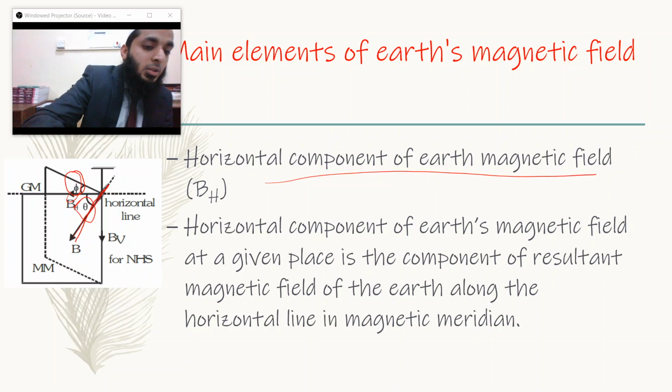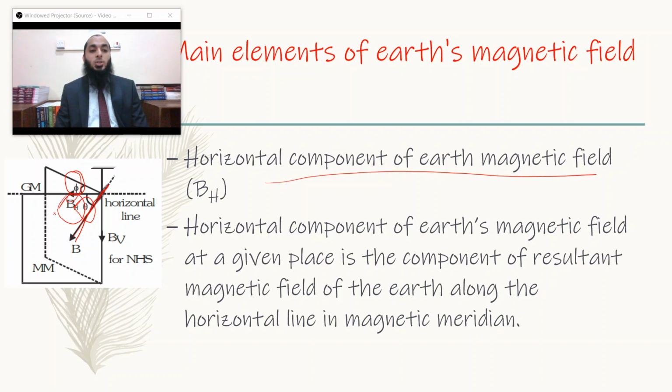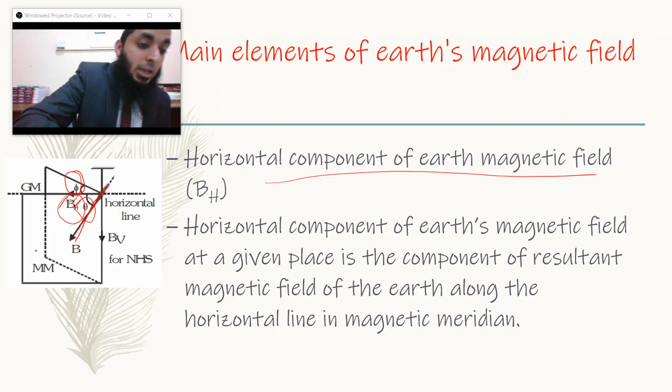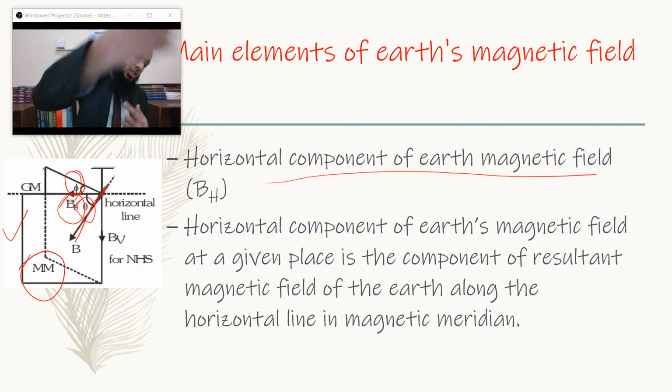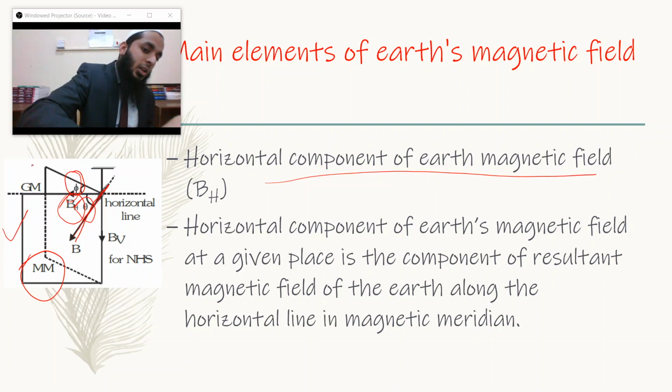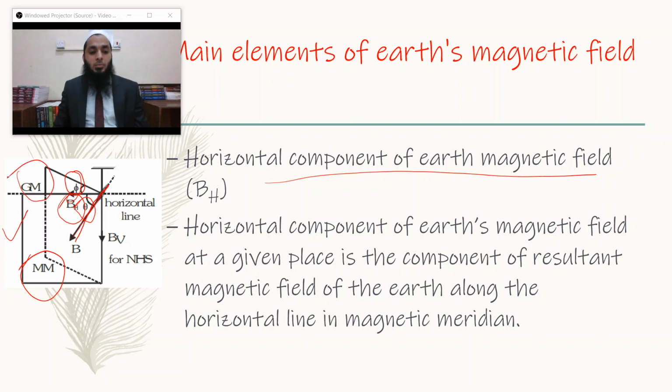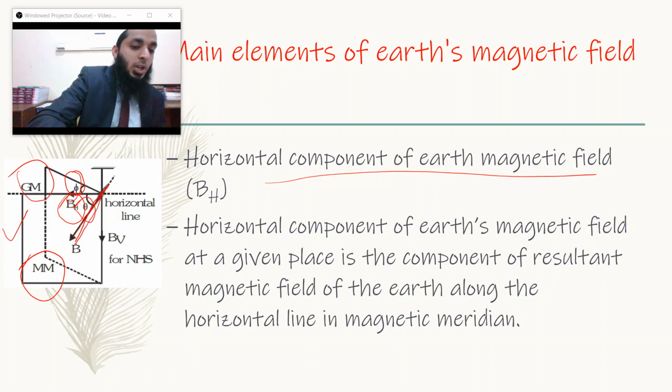This component, BH, is the horizontal component along the magnetic meridian. This plane is the magnetic meridian, and the plane shown on the other side is the geographic meridian. Is that clear?